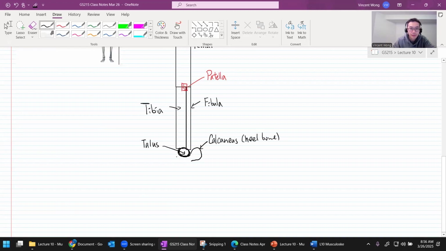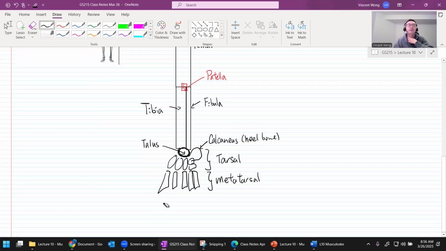And then 5 more. Never mind the names of them, doesn't matter. Collectively, they are called tarsals. So the talus is one of the tarsals. Metatarsals, just like carpals and metacarpals.